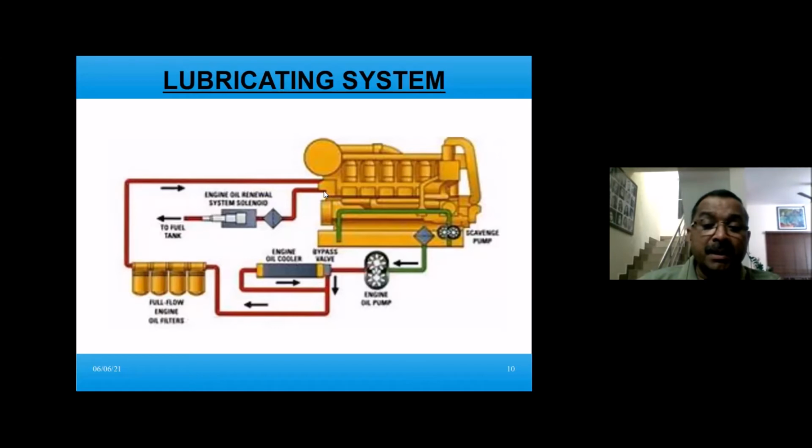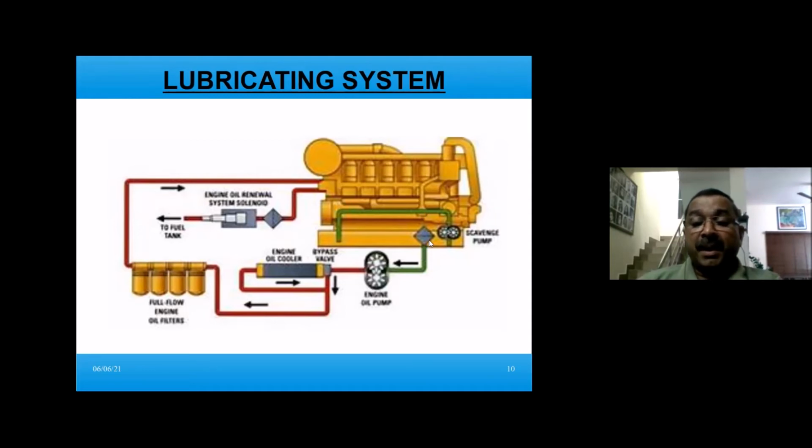So there is another opening given to the lubricating oil system. From the crankshaft body, from the engine body, there will be an opening for lubricating vapors to escape into the atmosphere, or actually they will be collected and given into the fuel tank.